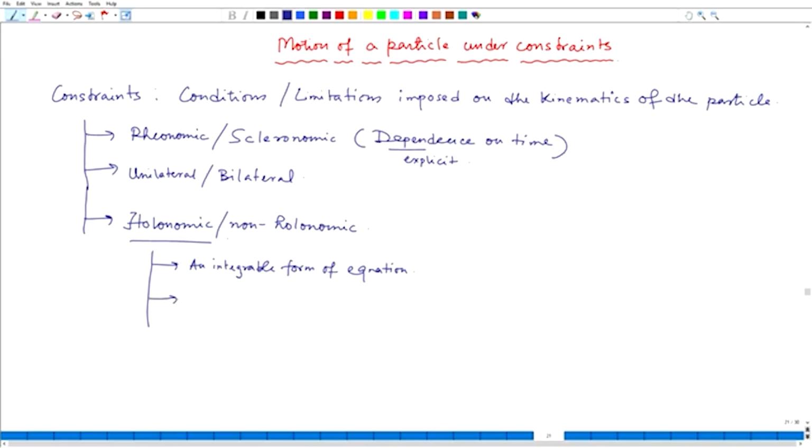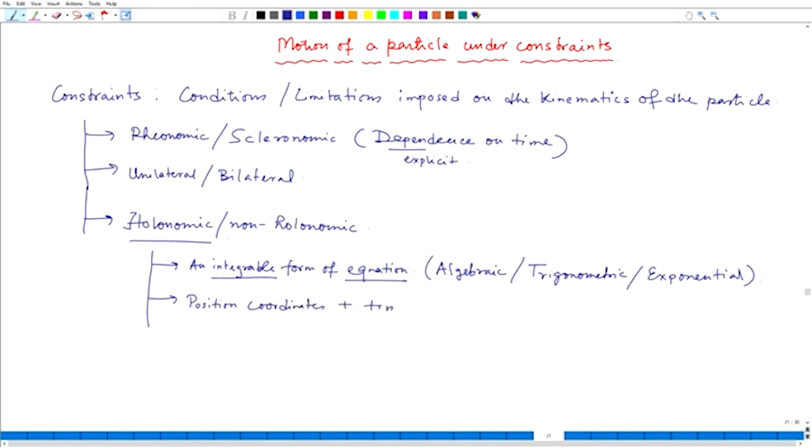So, I can write algebraic or trigonometric or exponential or a mixture of them. Some functions like that. Then it is an equation, it should be integrable, then it can consist only of position coordinates and at best time explicitly.